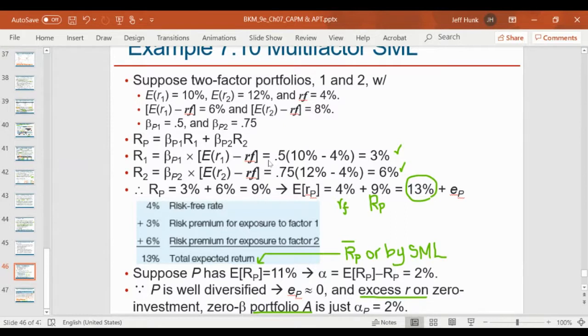Basically, the arbitrage pricing model cannot work if there is no short sell. Isn't it right?